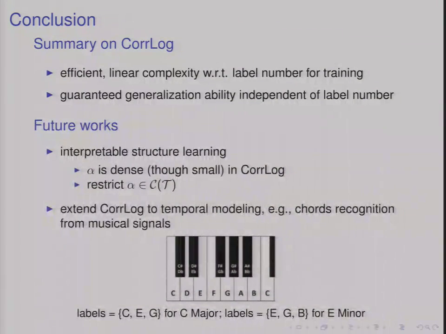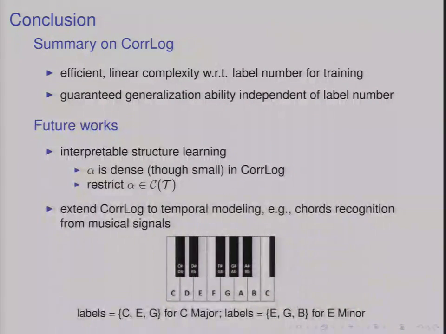And in future studies, we have two directions. First, the alpha learned in CorrLog is dense, though it could be very small.